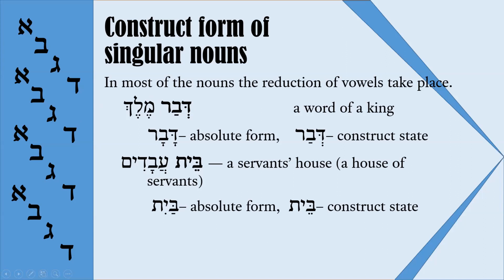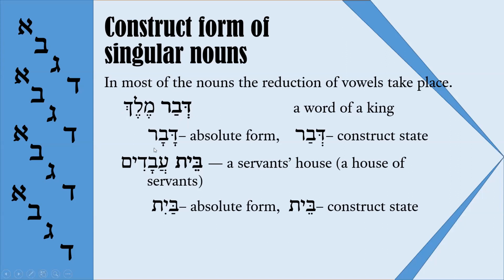Because of that, all vowels in the first word should be pronounced as soon as possible. That is why the reduction of vowels takes place: we need to say the first word as soon as possible in order to come to the word which has a stress or accent.